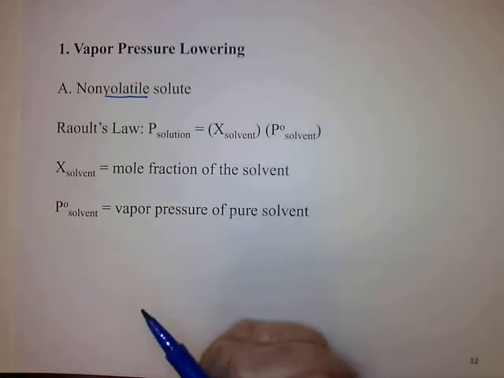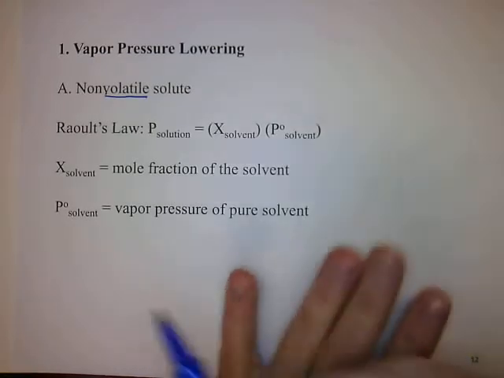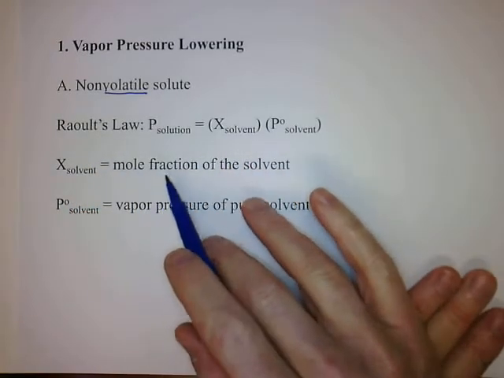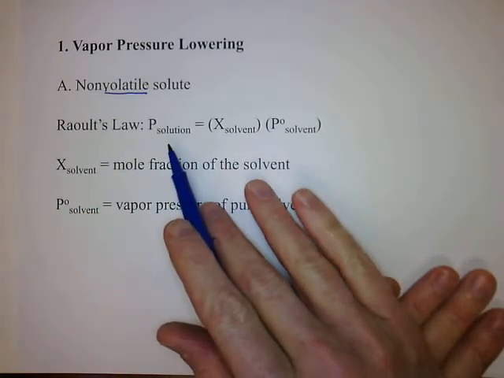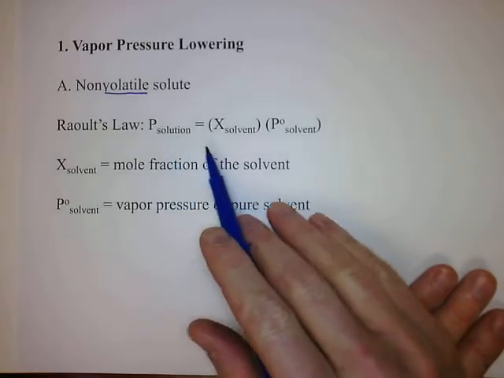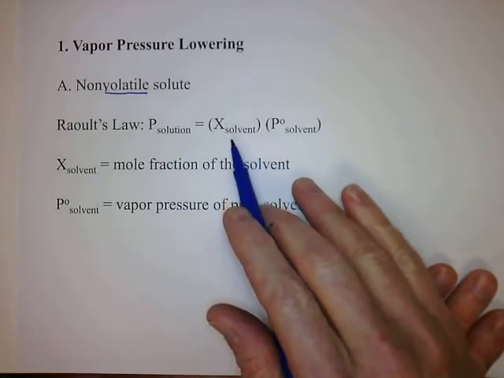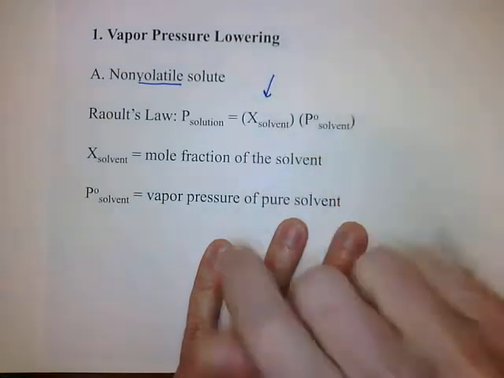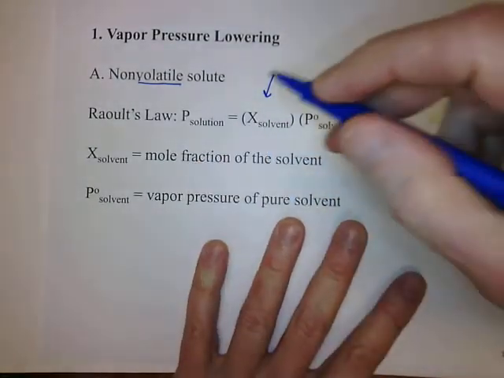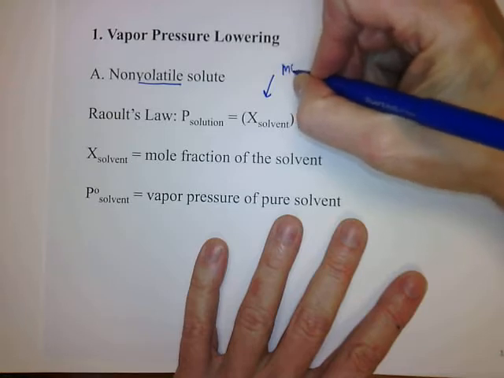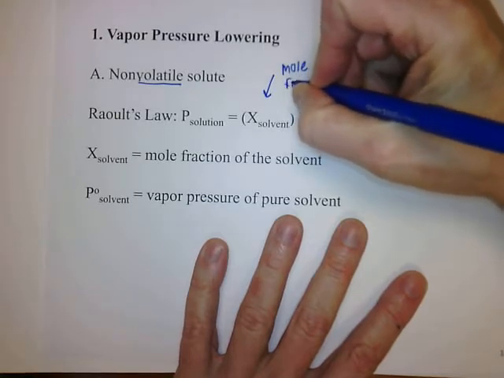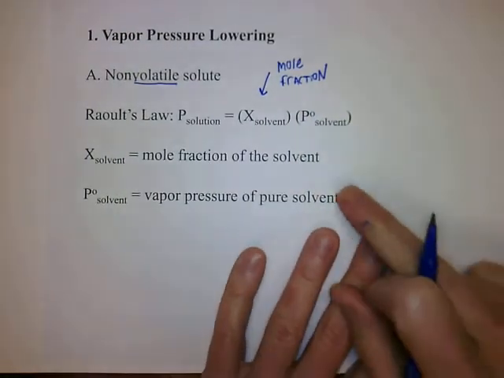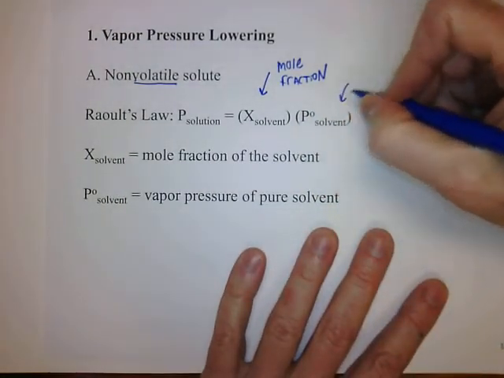Okay. So this follows what's called Raoult's law, which says that the vapor pressure of the solution is equal to the mole fraction of the solvent, where X represents mole fraction, times the vapor pressure of the pure solvent.